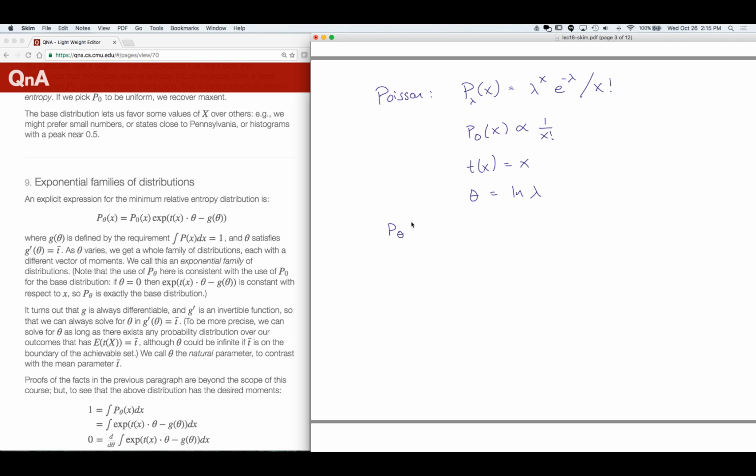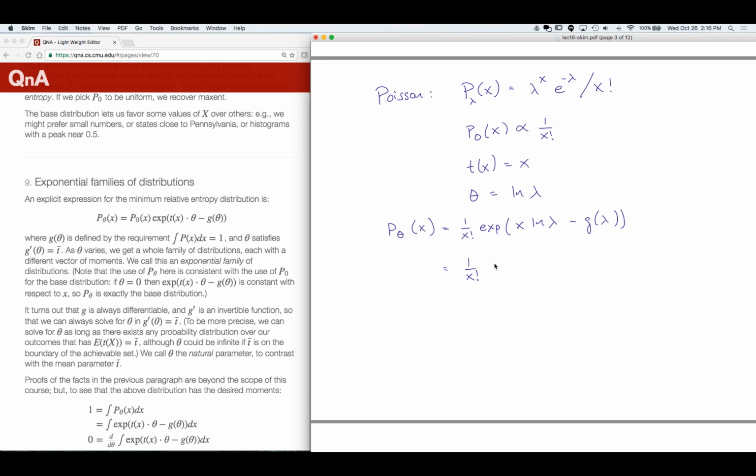Then p sub theta of x, just copying this, is going to be p0 of x, 1 over x factorial, times exp of t of x dot theta, so that will be x times log lambda, minus g of theta, which is the same as g of lambda because theta is a function of lambda, right? And so this is equal to 1 over x factorial.